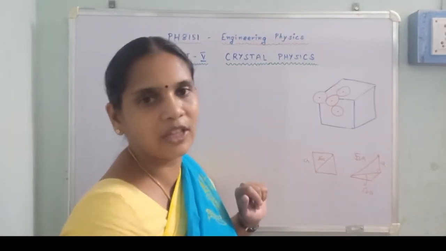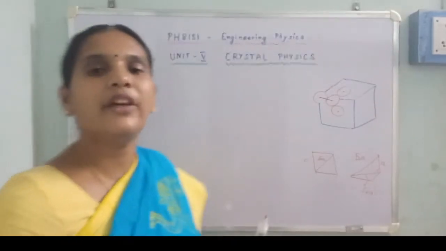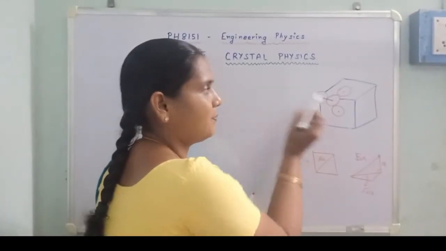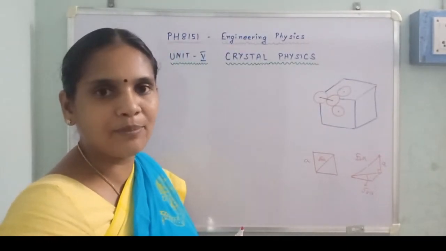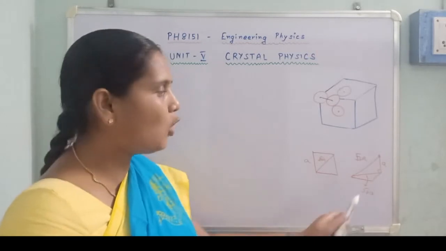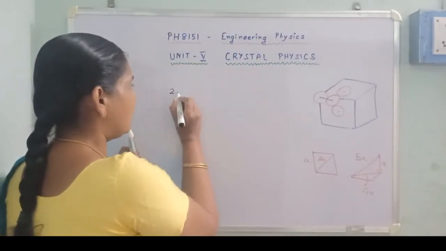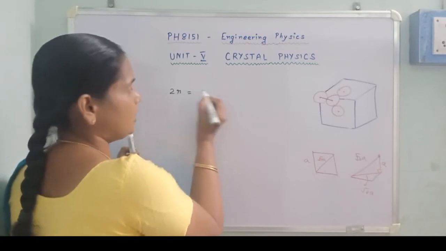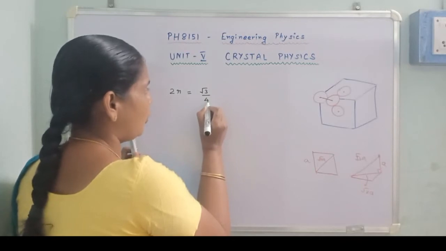So √3a is the body diagonal length. So the interatomic distance, that is the nearest neighbor distance in case of diamond, will be 1/4 the body diagonal length, that is 2r equals √3/4 a.